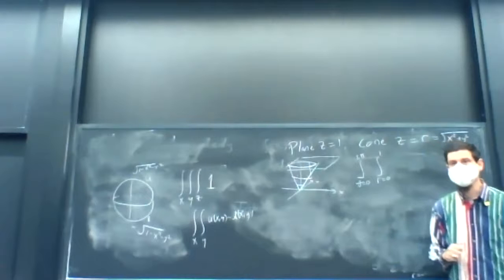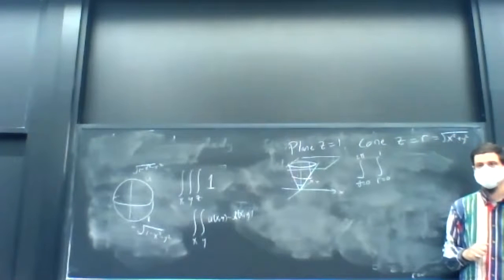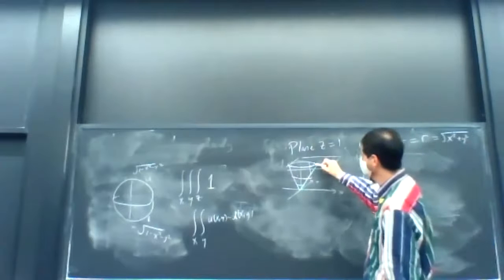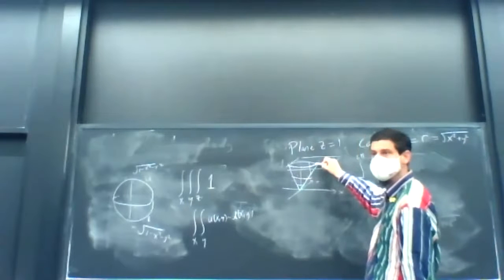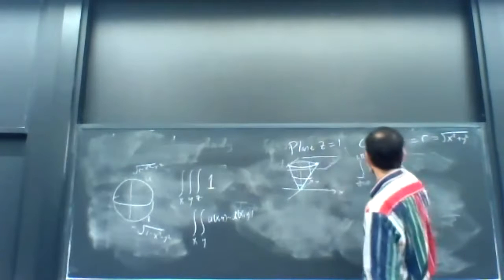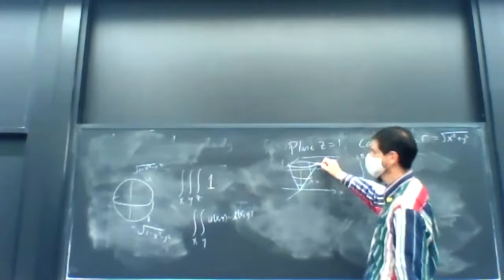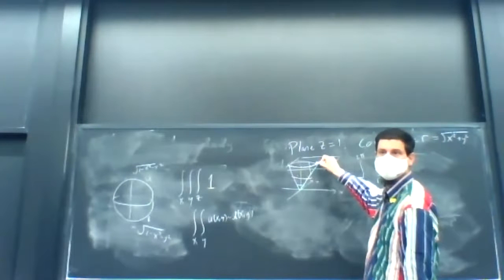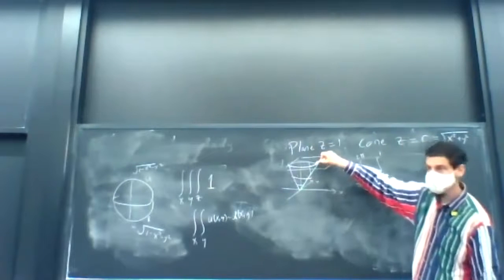And now what is my height going to be? Well, when I'm over here, the radius is 1, and z equals 1 as well. So what's the height over here? What's the height difference? 0.